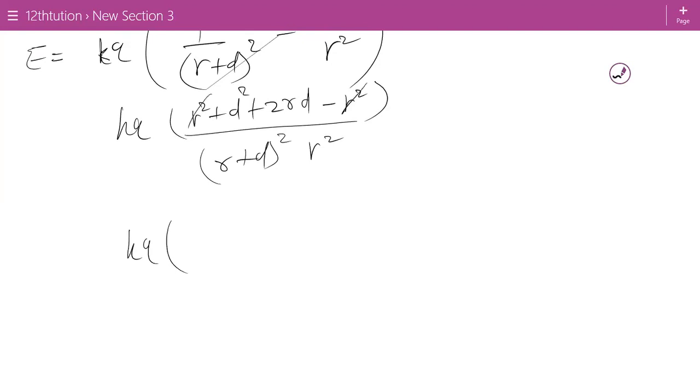So it will become d square plus 2rd divided by (r plus d) whole square.